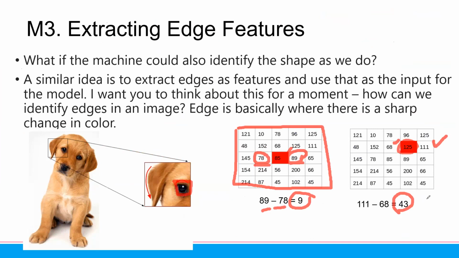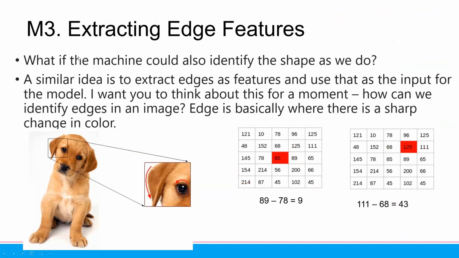So I can say that this can be an edge, because this left and this right are in contrast. We call it the contrast, where the right is very high compared to the left. So we call this the edge of the image. If we can extract the edge, then we can determine the structure or the shape of this image.